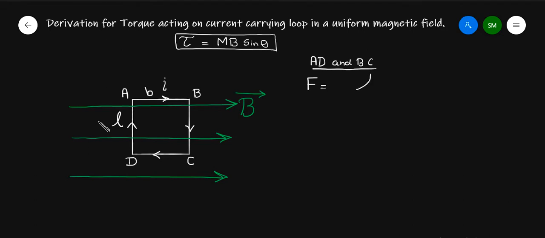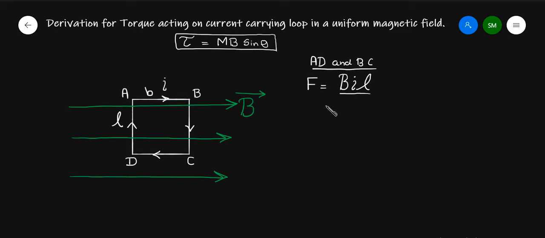The length of the AD side is L. It is carrying a current I and is placed in a magnetic field B. So it will experience the force BIL. Actually the force is BIL sine theta, but theta is the angle between the direction of I and B. Theta will be 90 degrees here. So ultimately the force BIL will act on this.